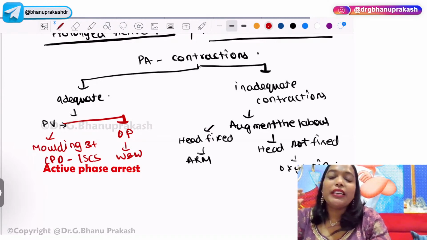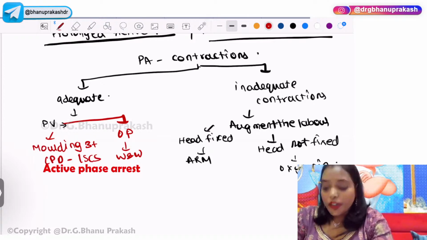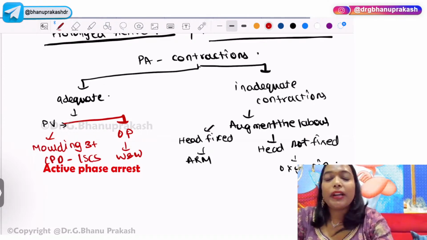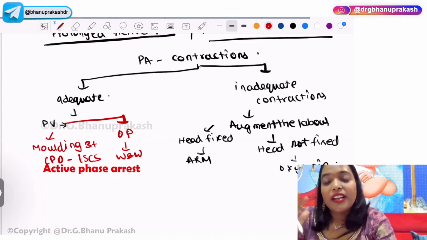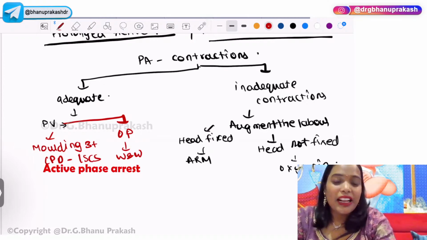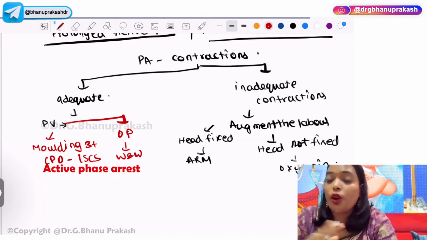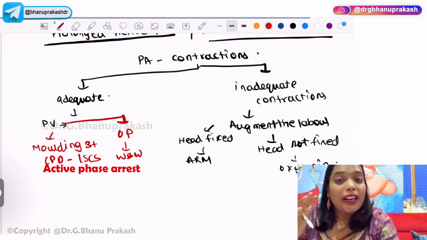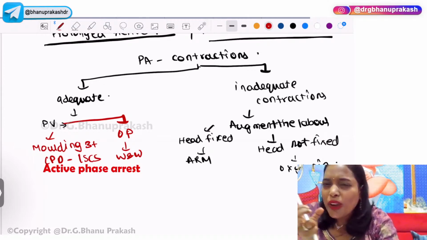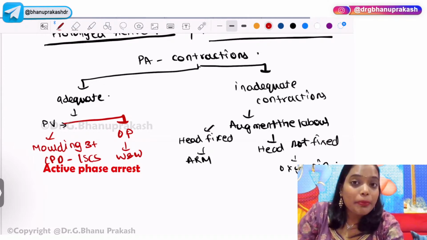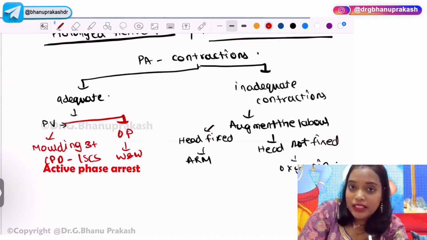So what are you going to do when it's a protracted or prolonged labor? You are going to see per abdomen how many contractions she is having. If the contractions are adequate, that is, if she is having 3 contractions in 10 minutes, it means it is not the problem of the power. Let us see the passenger, passage. So I'm going to do PV for that. And in PV, if I feel head is squeezed, that is molding 3 plus, then I'm going to go for LSCS.